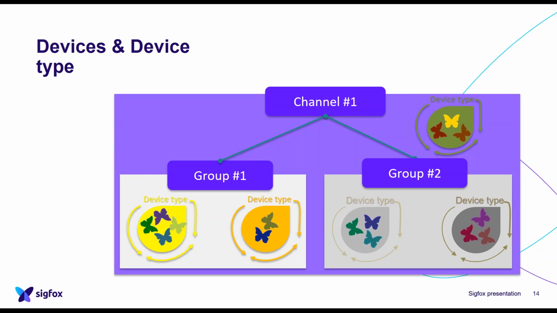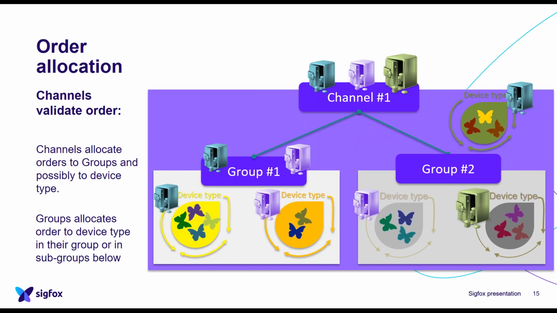So each device type has the same behavior as we have seen, and a customer will start with the order. So as we have seen, the device type is linked to one contract. You can have more than one contract per customer, but each device type has to be linked to only one contract.